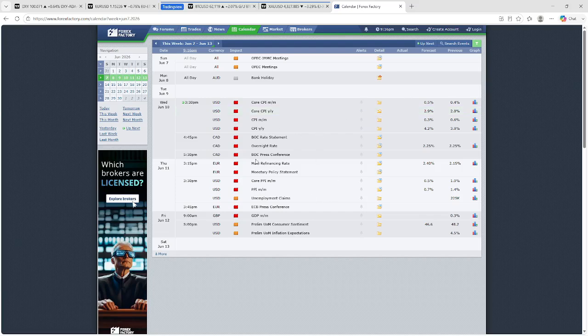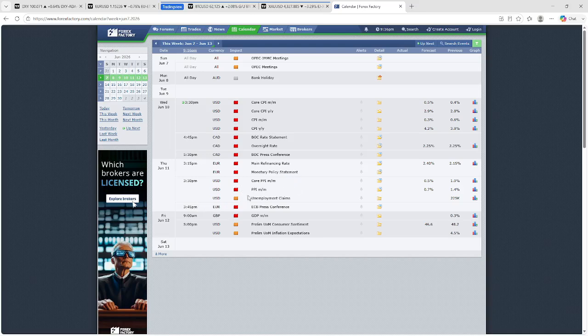And again, on Wednesday we also have the Bank of Canada interest rate statements and overnight rates. Again, on Thursday we have the euro, the euro main refinancing rates and their monetary policy statement.